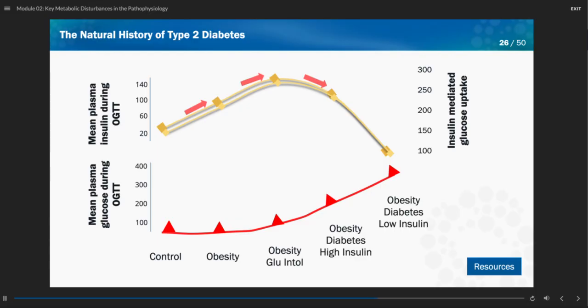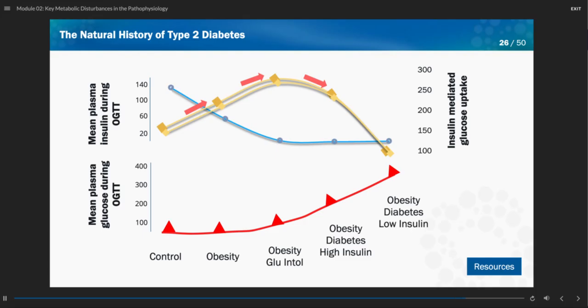This last blue line shows the insulin-mediated glucose uptake, and of course this comes from that glucose clamp testing that Ralph DeFronzo has done so much of. Notice that the uptake is high in the control or normal person. As the obesity comes up, even though the glucose tolerance test is normal, you can see there's already a resistance developing.